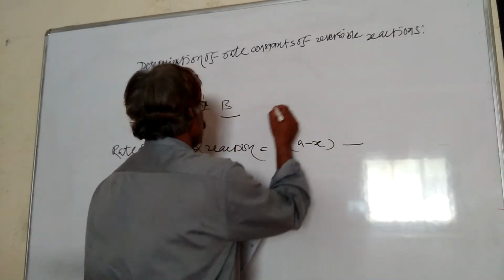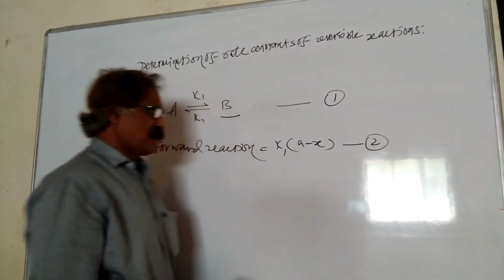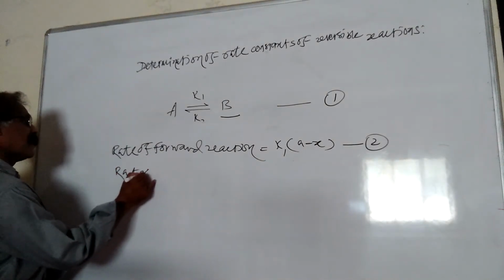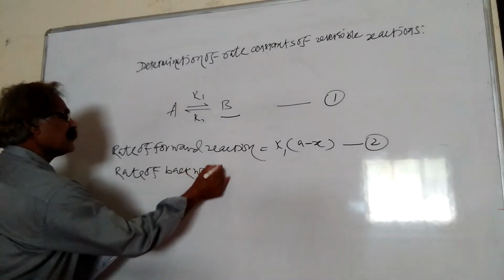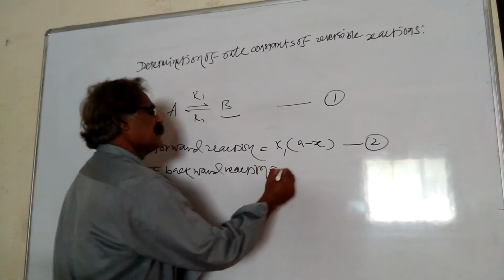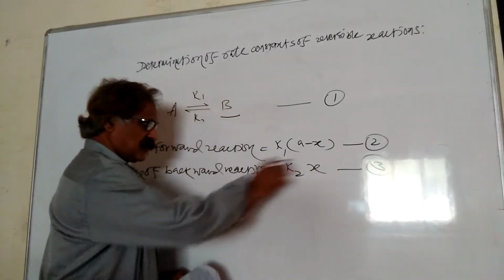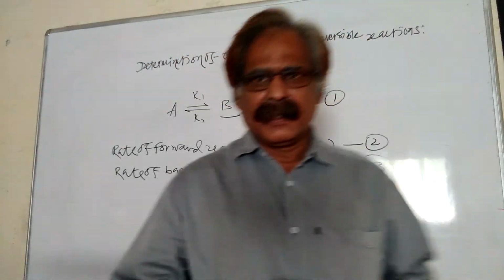Let us suppose this is equation number 1, this is equation number 2. Similarly, the rate of backward reaction is K2 into x. Now suppose this is equation number 3.